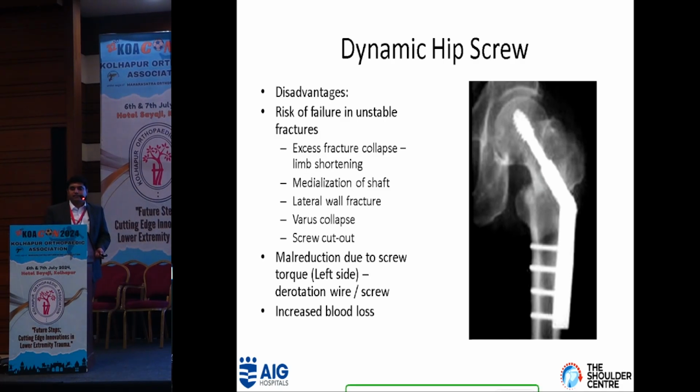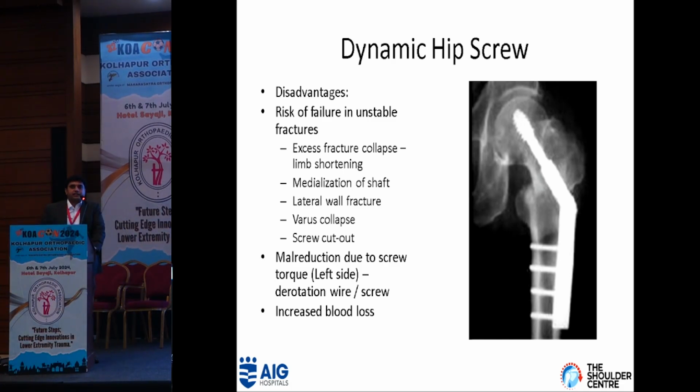The so-called disadvantages of the DHS: the most important is the risk of failure of this construct in an unstable fracture. If there is an excessive fracture collapse, there can be limb shortening, there can be medialization of the shaft. Lateral wall fractures are especially prone to this complication. And there is always a risk of screw cutout in osteoporotic bone.